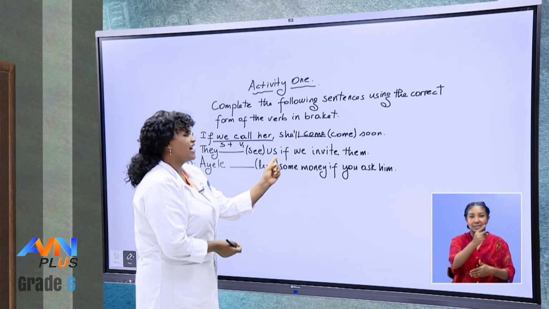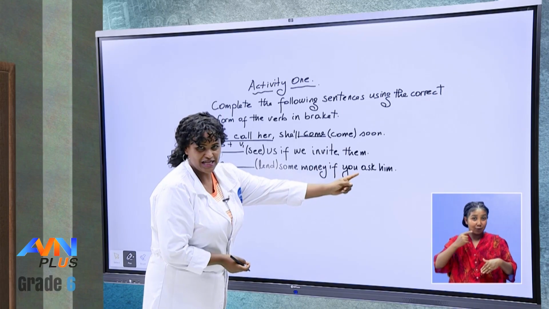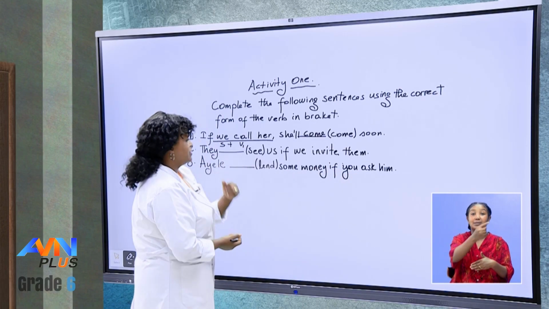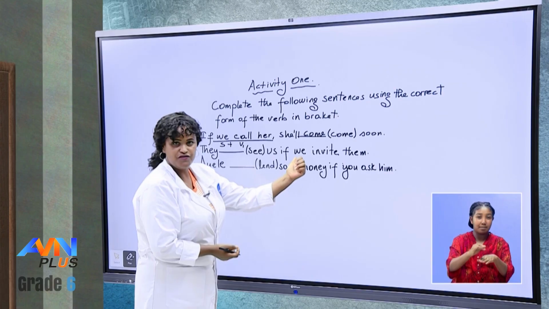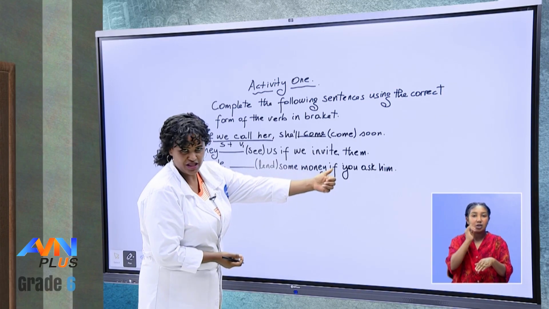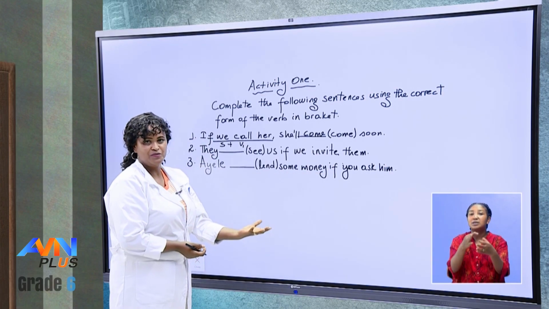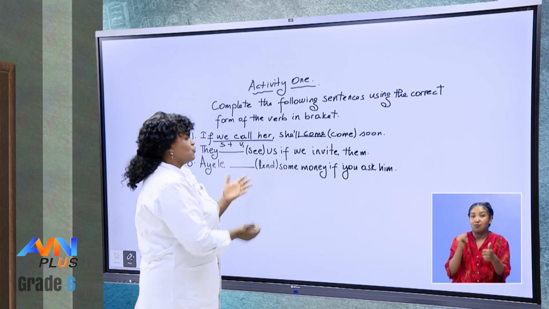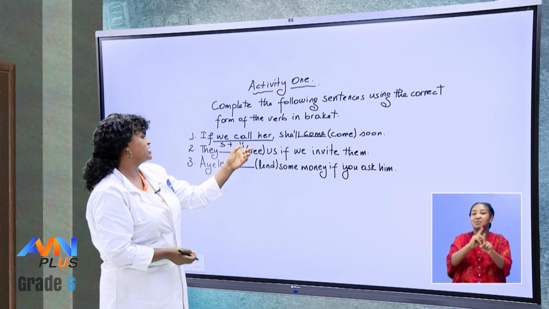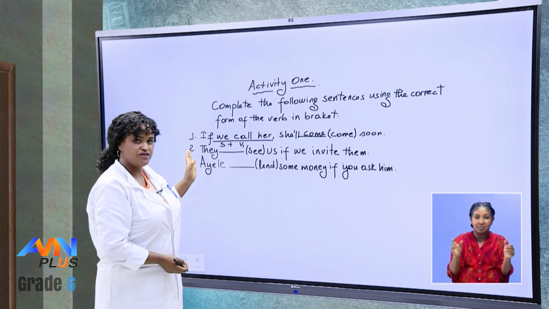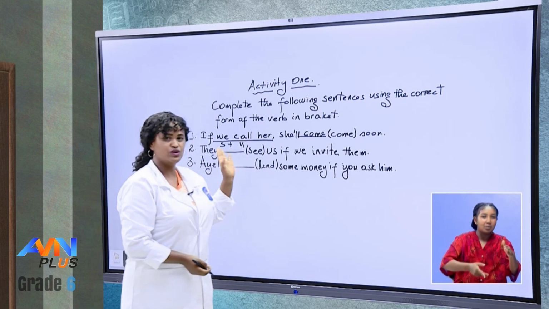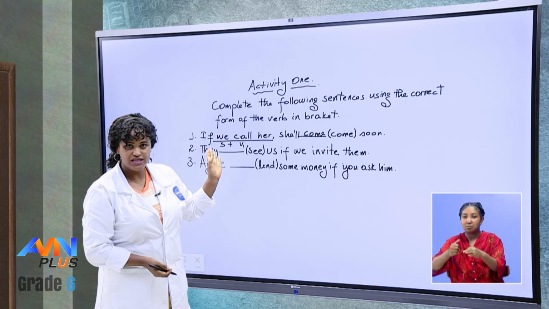Let's go to the next one. They blank see us if we invite them. Which one is complete again? The if clause. What difference do we have here? On the first sentence, we begin with the if clause. On the second sentence, we begin with the main clause, right? Good.